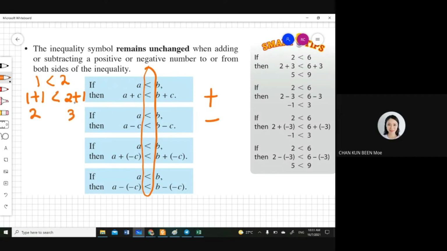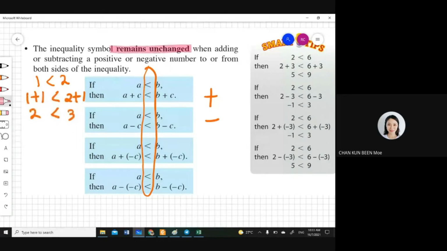You see, the symbol remains unchanged because the value is still representing the correct thing. 3 is greater than 2, 2 is less than 3. Whenever you add the same number, the inequality sign remains unchanged. You remember this, remains unchanged.